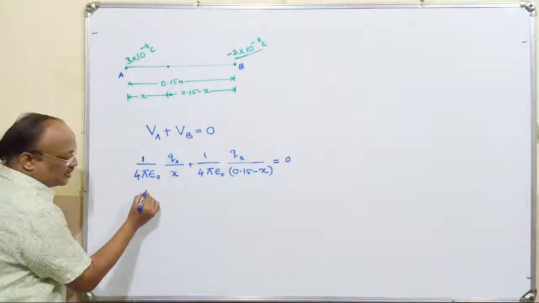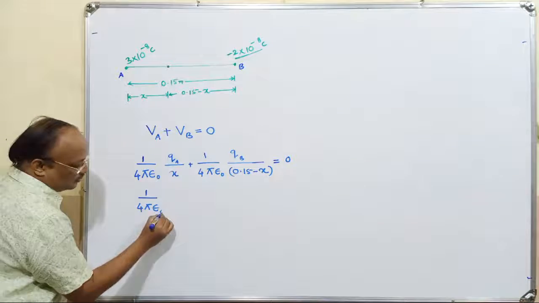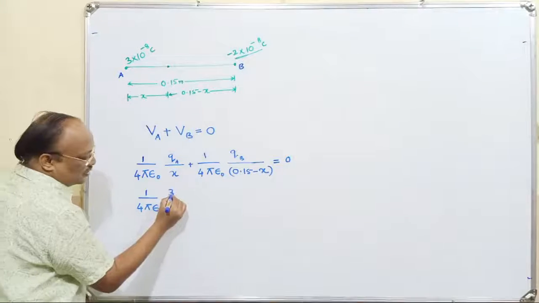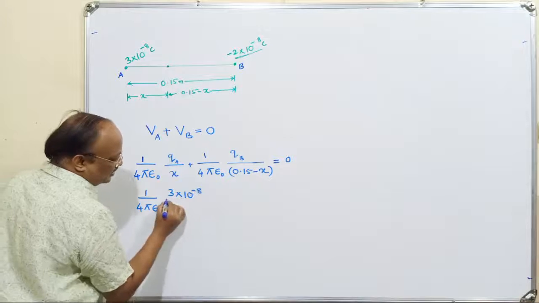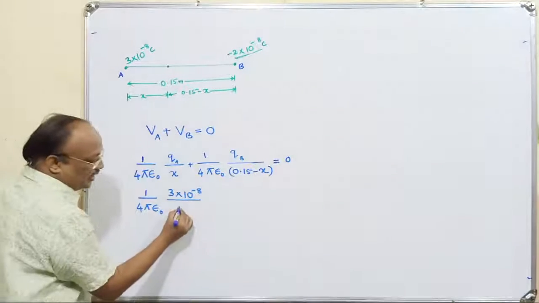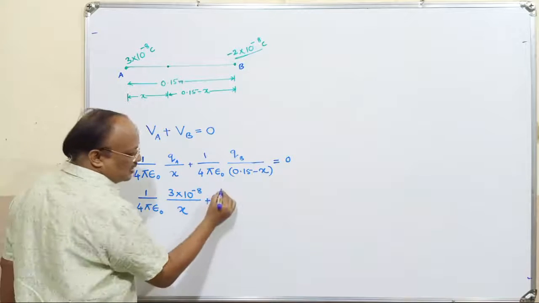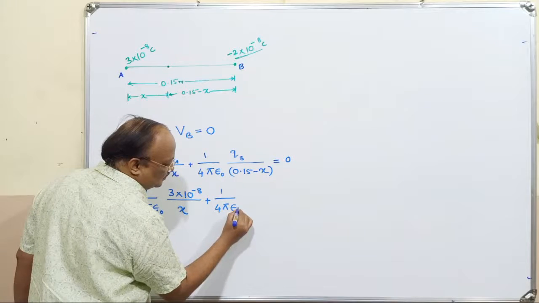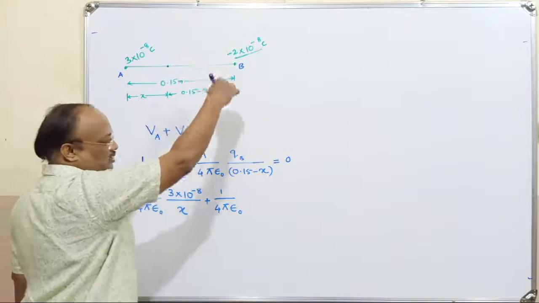So it is 1 by 4 pi epsilon naught, QA is 3 into 10 to the power of minus 8, divided by x, plus 1 by 4 pi epsilon naught, and what is the charge?